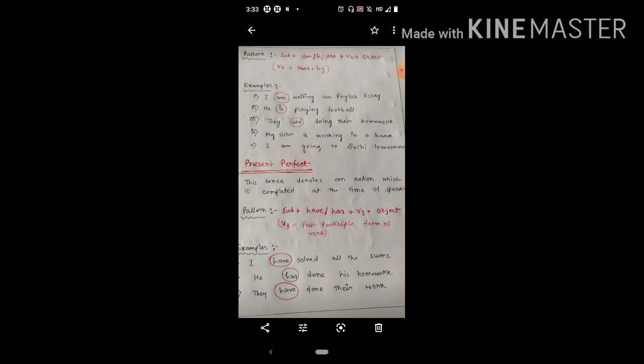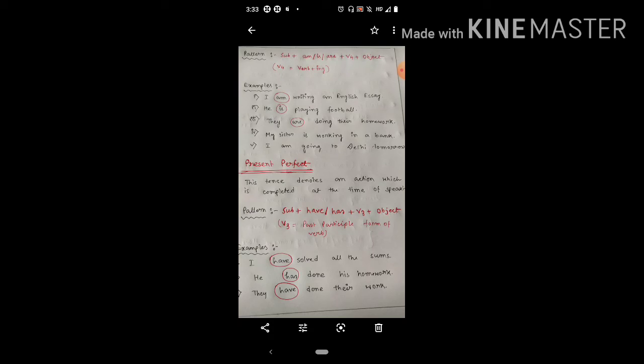My fourth example, and look at it very carefully, is: my sister is working in a bank. By saying this sentence, here I do not refer to the actual time. The sentence means that my sister works in a bank, but at present she is not in a bank.